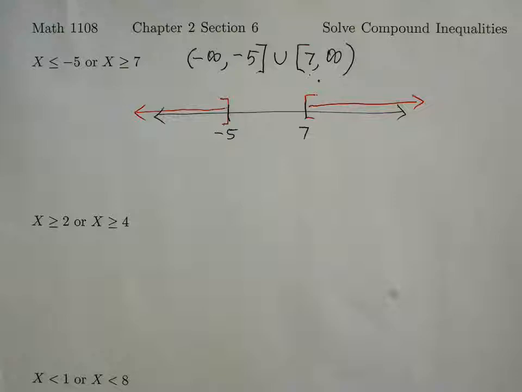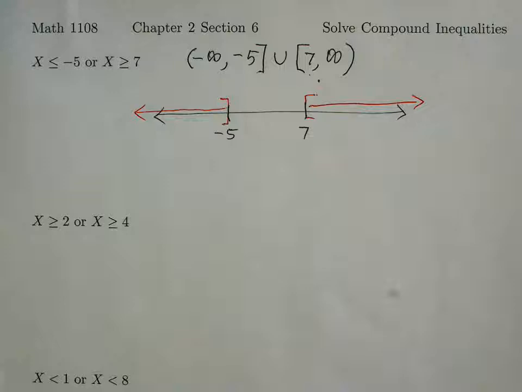Except for what's between -5 and 7. Except what's in between -5 and 7, that's excluded. Yes, just the numbers between are excluded, is that what you're asking? Yeah, the part that doesn't correspond to red, those are excluded.